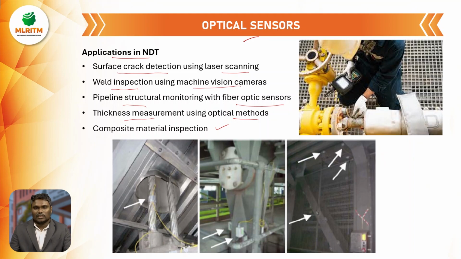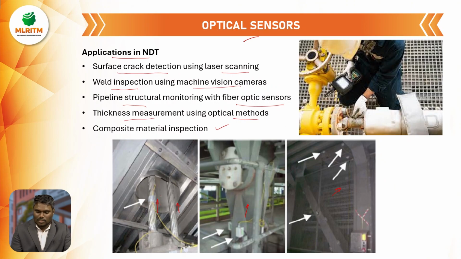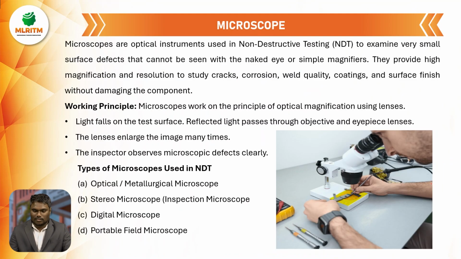See here, the cables are inserted, and in the same way the laser sharpening lens is arranged here, so that the optical sensor sends the signal and the heating element gives a coloring, a decolorized figure, which is considered as a defect in the detection of any material.